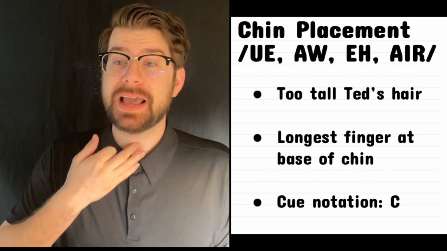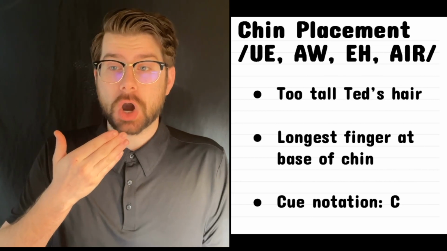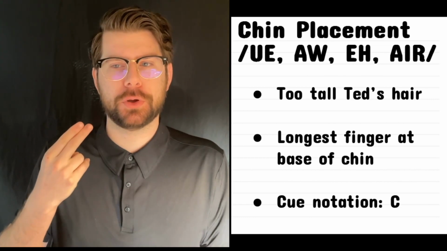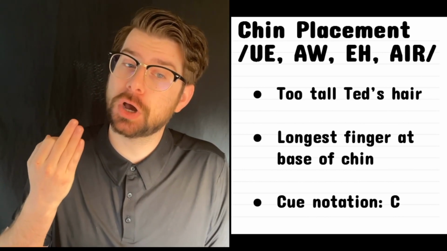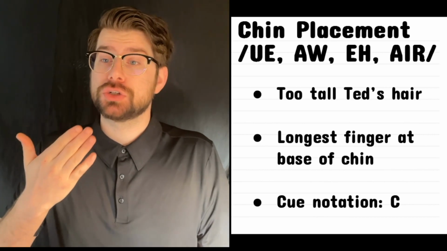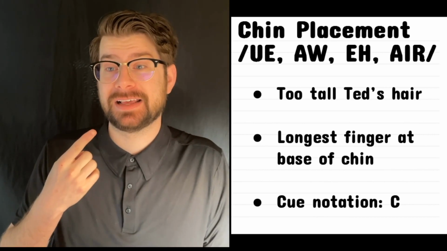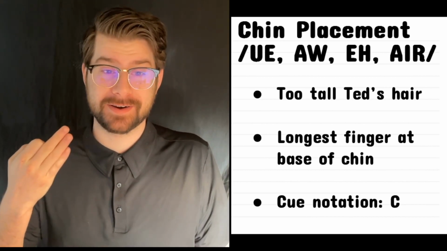So for this we have, like I said earlier, oo, ah, eh, and air. Now those might seem impossible to remember. So I use this sentence, too tall Ted. And then I add Ted's hair. Too tall Ted's hair.